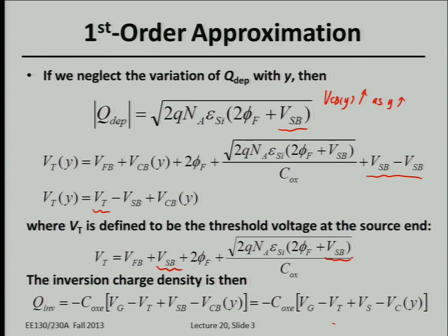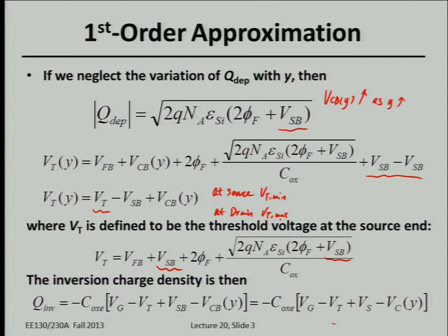The same thing I'd like to re-emphasize is that closer to the source side, you're going to have the minimum potential, the minimum VT value. But at the drain terminal, VT reaches the maximum value, due to the large contribution from the drain bias.